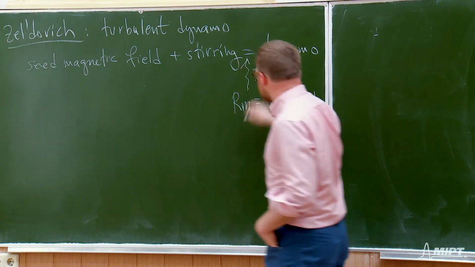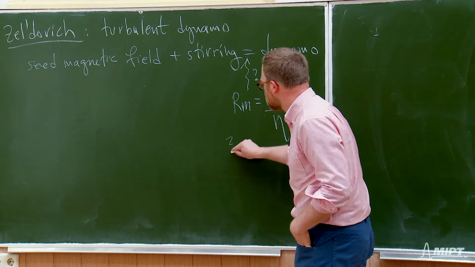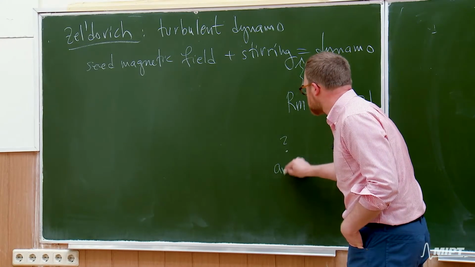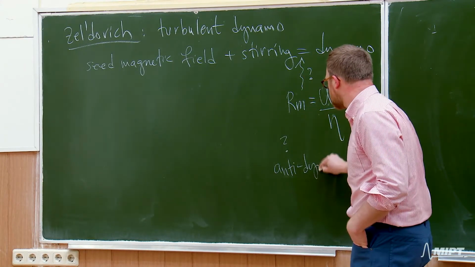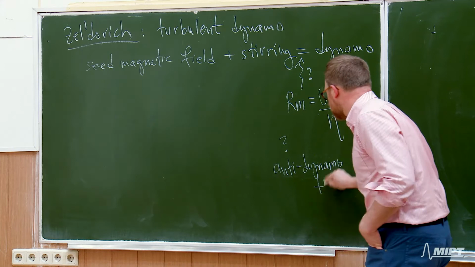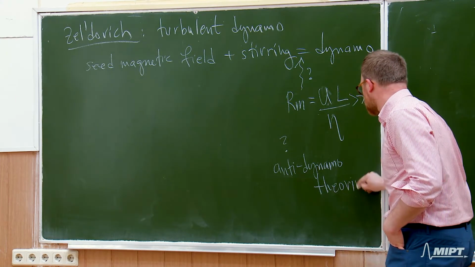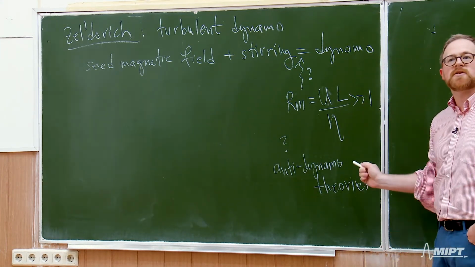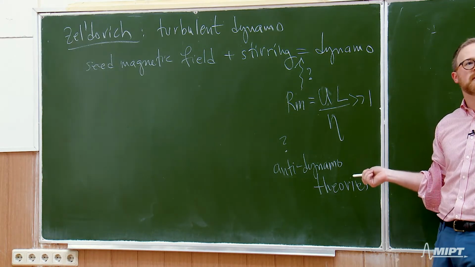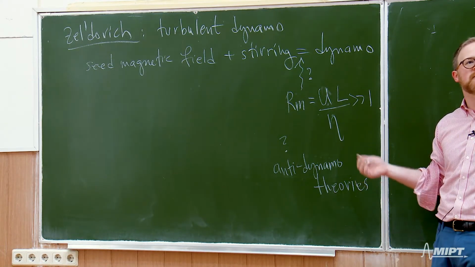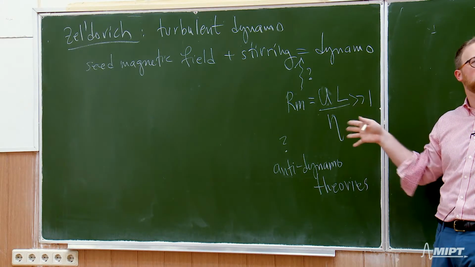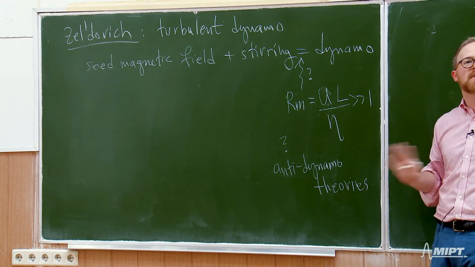The second question to ask leads us to things called anti-dynamo theories. There are certain constraints that the stirring or the system have to satisfy in order for you to actually be able to grow the magnetic field, just based on topological constraints.